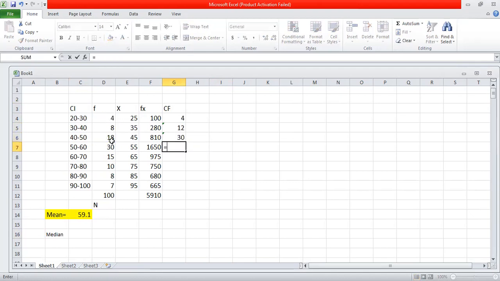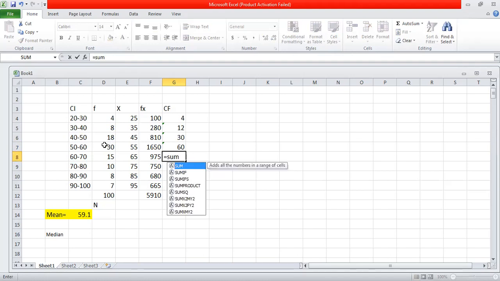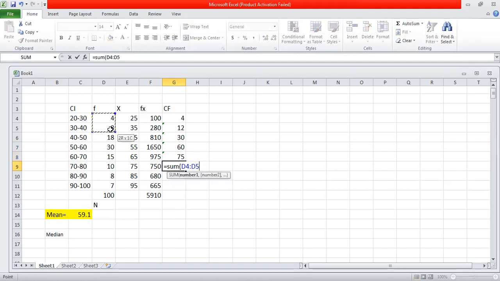Next equals the sum of the next four values, and so on, the cumulative frequency itself up to the particular value. So the sum of all values is my n value.